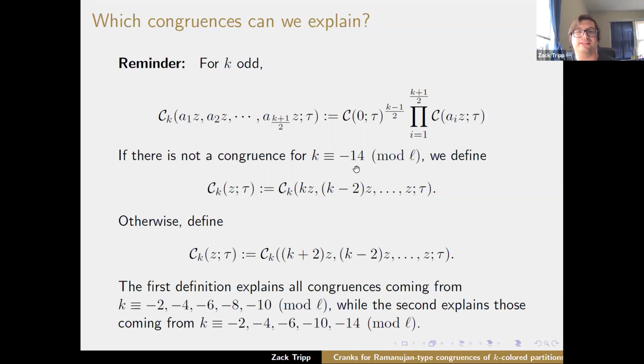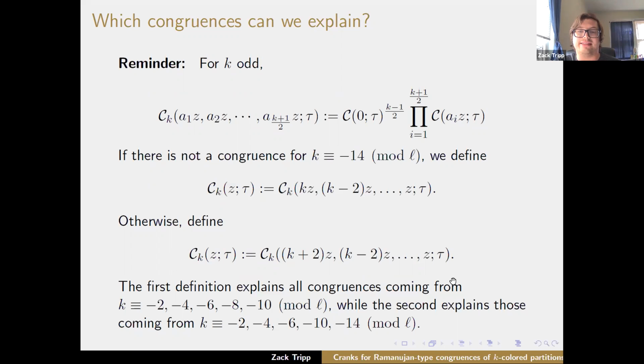In other words, you should think of this as two crank generating functions, and we choose which one to use based on the existence of a certain congruence. The nice thing about the first definition is that, as long as we don't have a congruence for k congruent to negative 14, this explains all possible congruences.